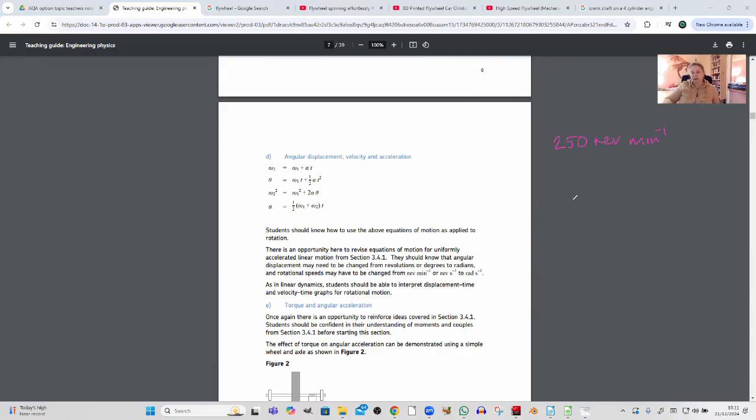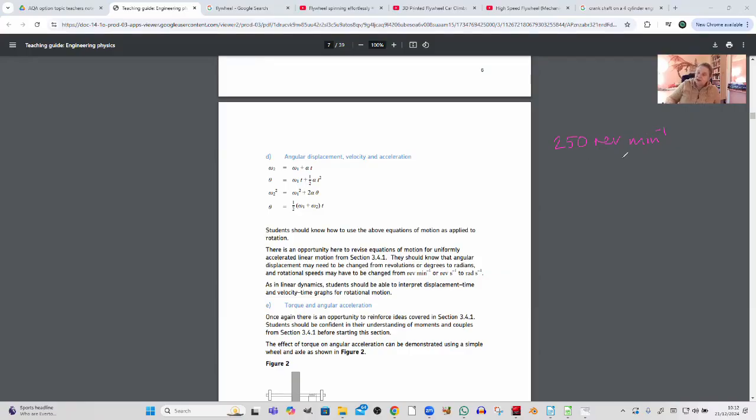The idling speed for a big car engine might be 700 revolutions per minute, so that's totally normal. 1,000 revolutions per minute maybe, and if it's a highly tuned motorbike engine, it might go up to 7,000 or 8,000 revolutions per minute. So 250 is a really low-tuned engine. So we're going chug, chug, chug.